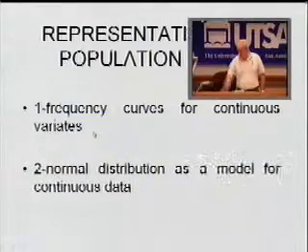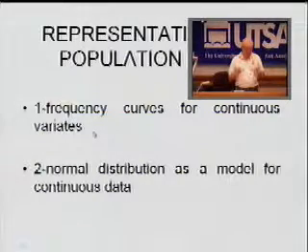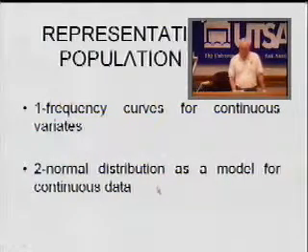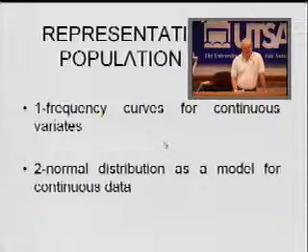So how frequently do data points occur in your data set? And of course, the normal distribution is that model for continuous data, and it's pretty much the only one that we're going to be dealing with for our explanations in the class. We're not going to be talking about any data sets that are skewed to the left or skewed to the right. We'll just think of the normal distribution.